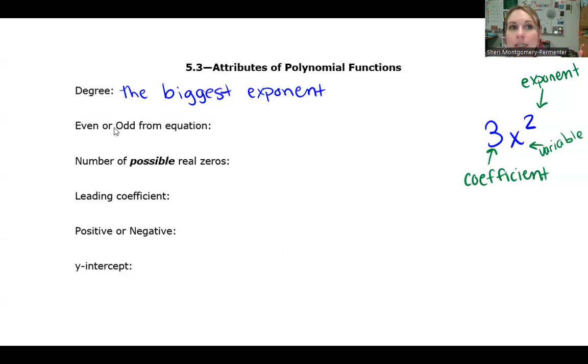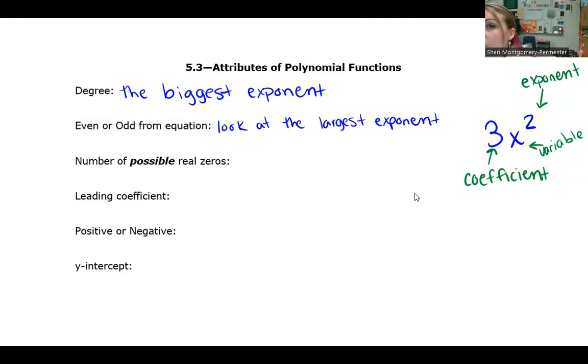Whether you are even or odd, you can figure that out by looking at the largest exponent. And it's not a trick.